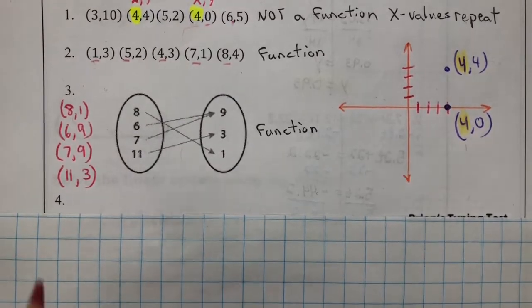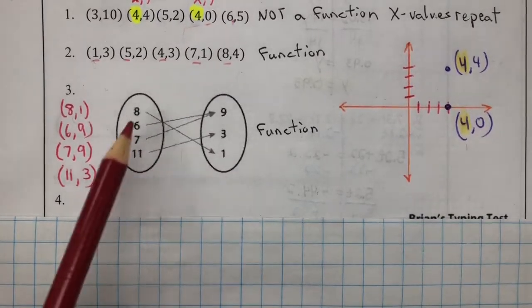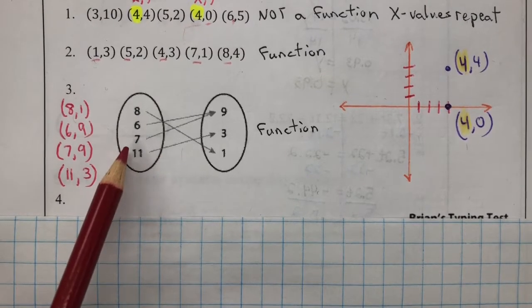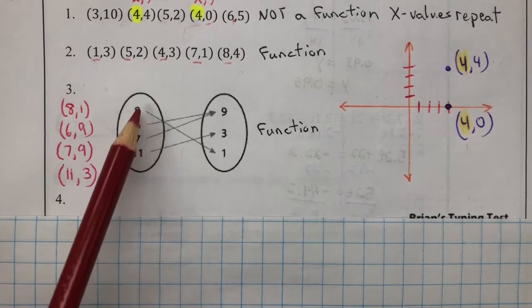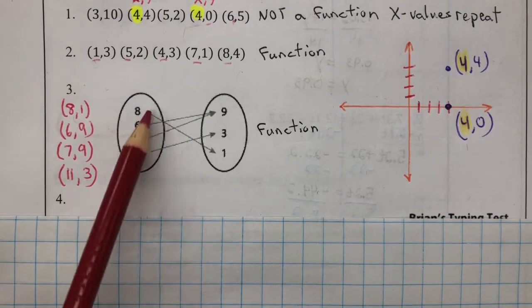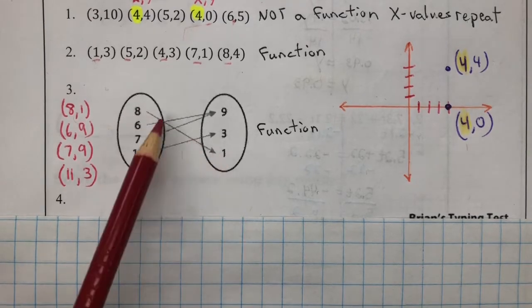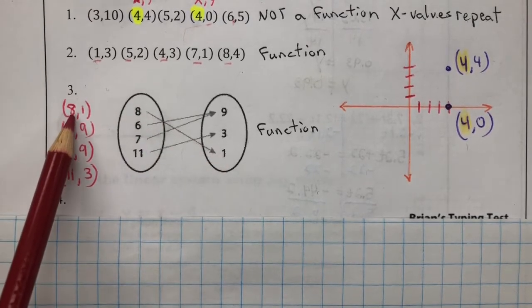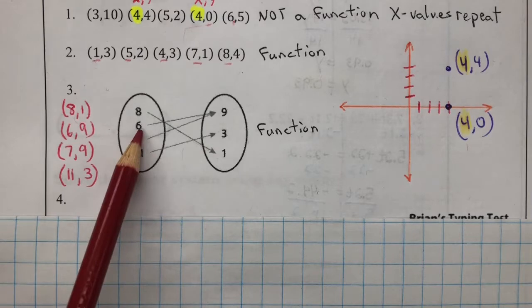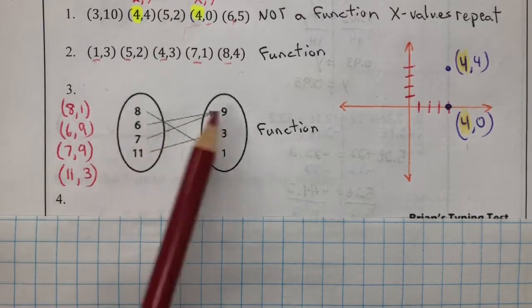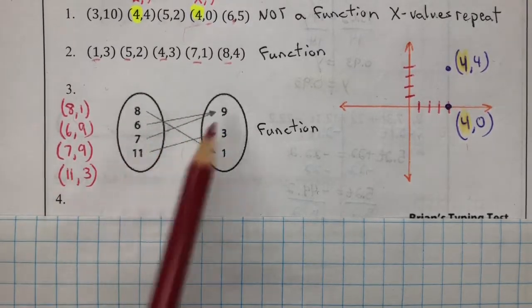For number 3, we have a mapping diagram. And the easiest way that I have found to identify whether it's a function or not is to write these as ordered pairs. So each arrow represents, this is the x value, the y value, and I write them as ordered pairs. 8 and 1, 6 and 9, 7 and 9, 11 and 3.